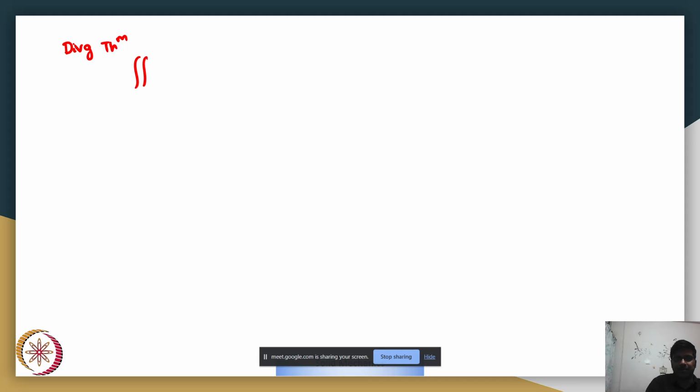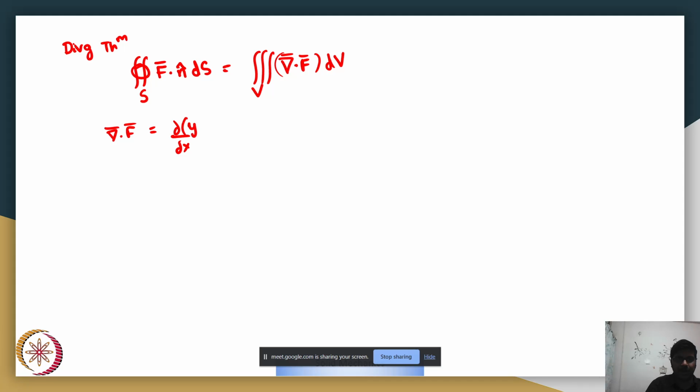If I simply want to do this over a closed surface S, the integral of f dot dS is nothing but the integral of grad dot f dV, where V is the volume enclosed by the closed surface S. In this particular case, grad dot f is nothing but dou by dou x of y plus dou by dou y of minus x plus dou by dou z of 0.